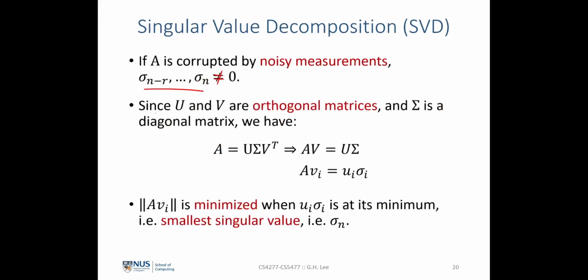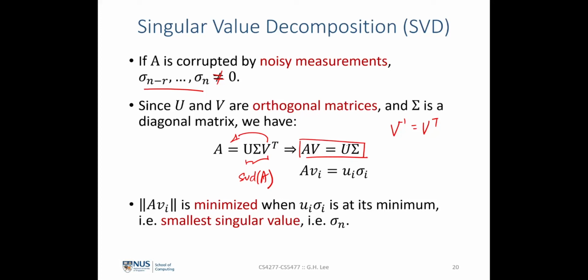Since U and V are orthogonal square matrices and sigma is a diagonal matrix, we have A equals U sigma V transpose. This is obtained by the SVD of A. We can simply bring this V onto the left hand side of the equation by taking the transpose, because for an orthogonal matrix, the inverse is equal to the transpose of the matrix itself. So we get the relation AV equals U multiplied by sigma.